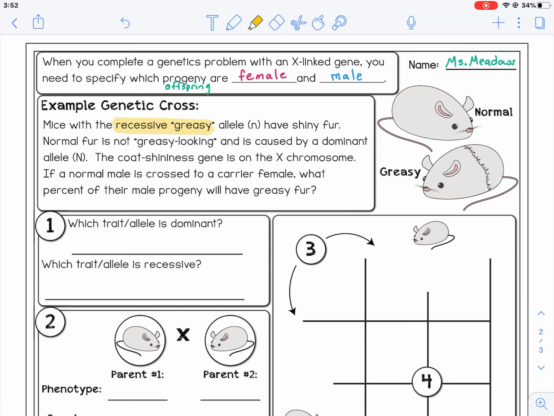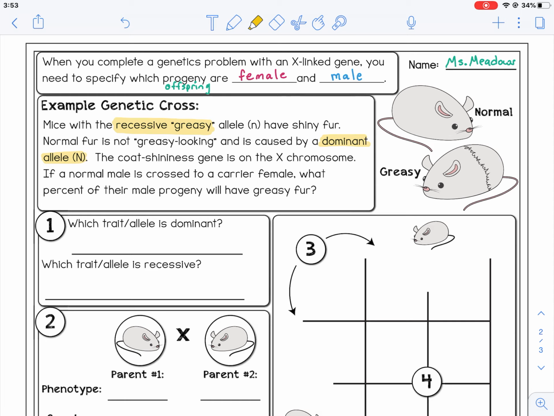Normal fur is not greasy looking and is caused by a dominant allele, big N. So we're using big N for normal, little n for the recessive greasy allele.